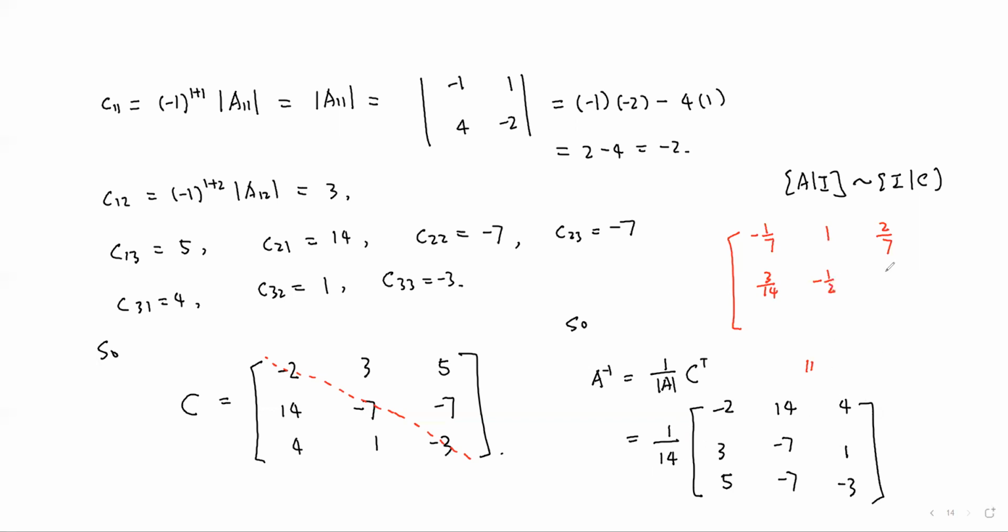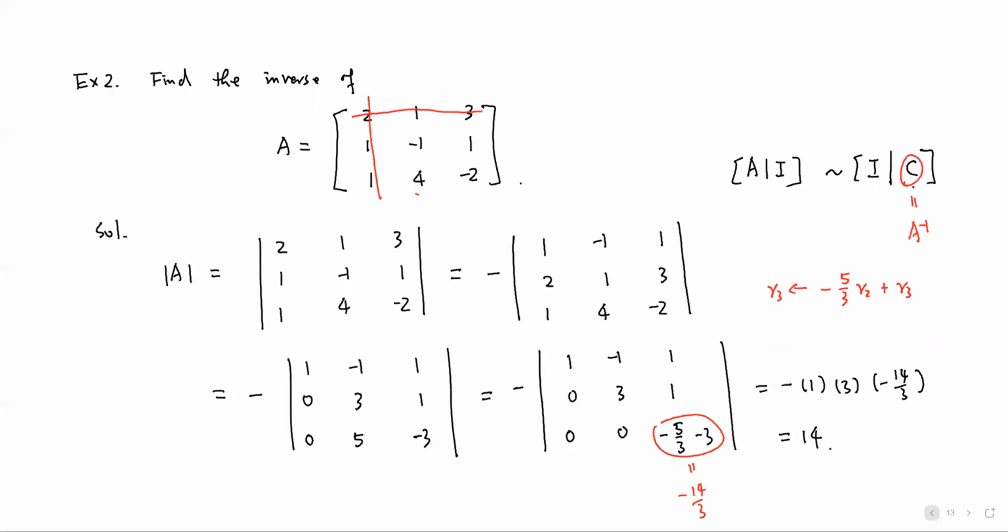This number times 1, 1/14. This number times 5, 5/14. This number times this, -1/2. This number times this, -3/14. So this matrix is A inverse.